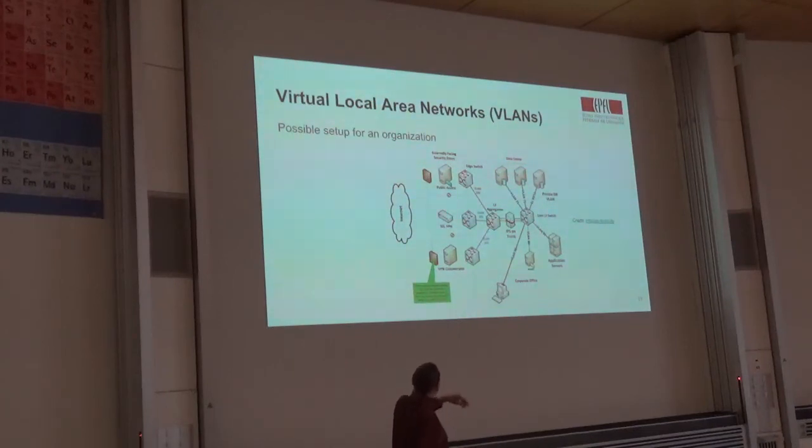Instead, the backbone switch that connects them is configured to know that this edge switch or this edge host only belongs on this particular VLAN, and we don't accept tags from it.